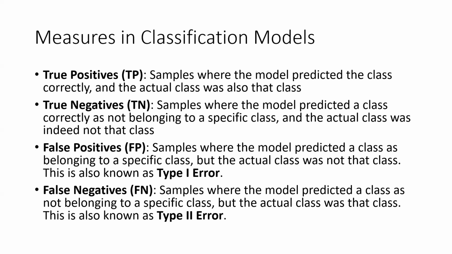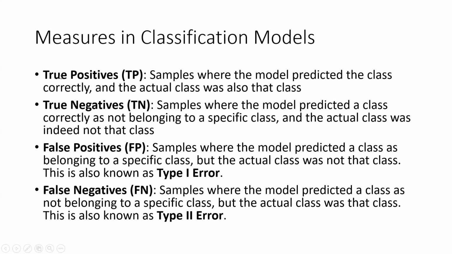These measures have to be remembered, because they are used for evaluating the classification model, right? The first one is known as true positive, right? These four are true, false, positive, negative, right?